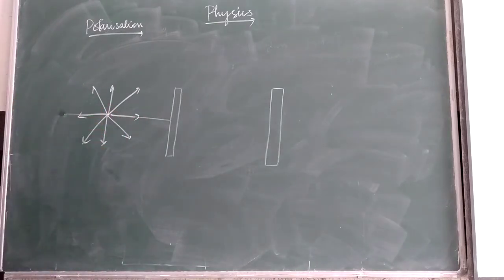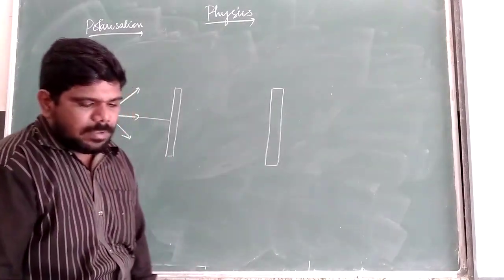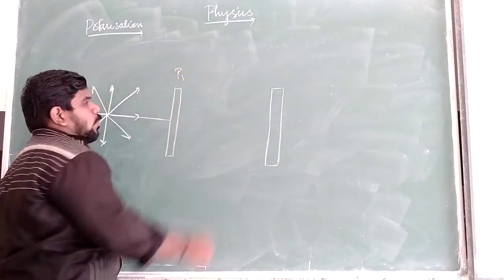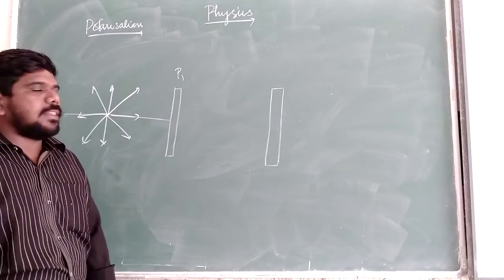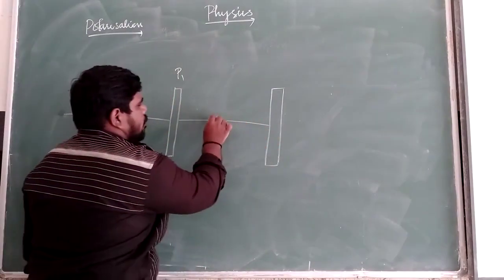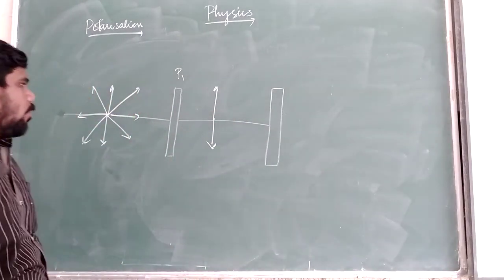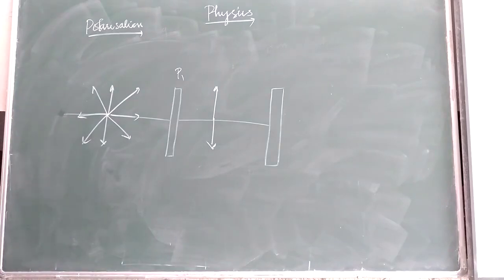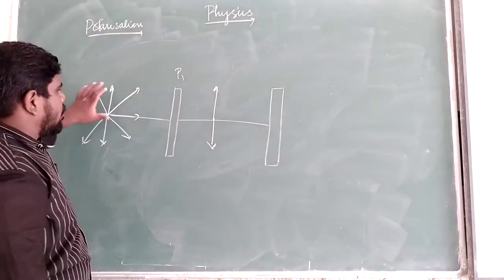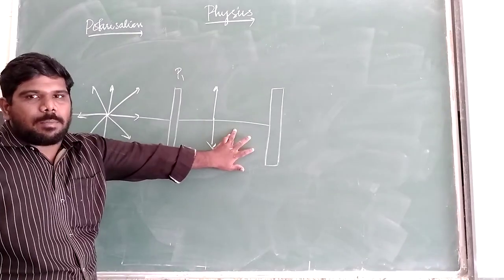Let this unpolarized light pass towards the polarizer P1. Then the vibrations are restricted to a particular direction, perpendicular to the direction of propagation, and it is called polarized light.